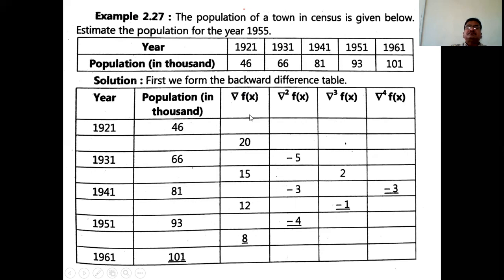So this is the first column, that is the values of x, and this is the second column. Here write x instead of year, and this is the table y is equal to f(x).